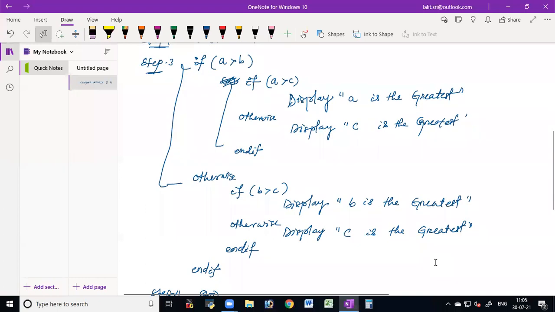All of you clear? See the process again, whether you are understanding or not. You put any 3 numbers and manually check whether this algorithm is working or not. You take any 3 distinct numbers and check.